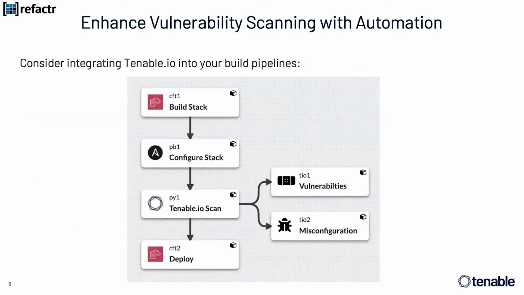Okay, next slide. So here's a little primitive sample of how we can enhance this vulnerability data. Take an example where you're building an application stack and doing your configuration. Before you deploy it out and make it live, you can tie in Tenable.io. Through our vulnerability scanning, you can scan for vulnerabilities.